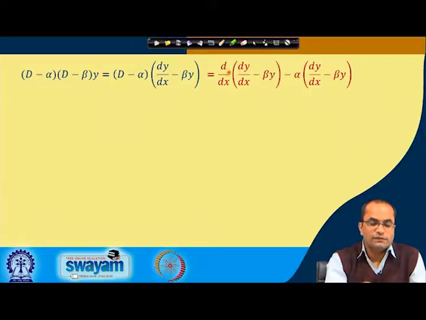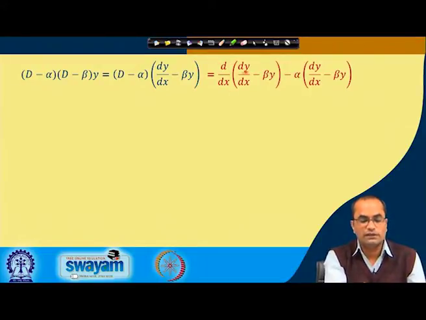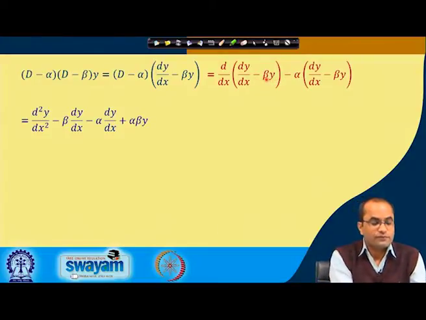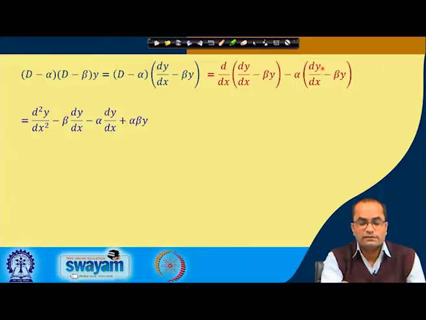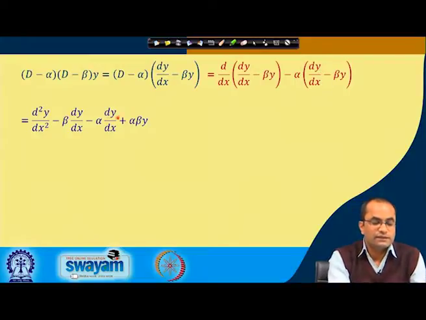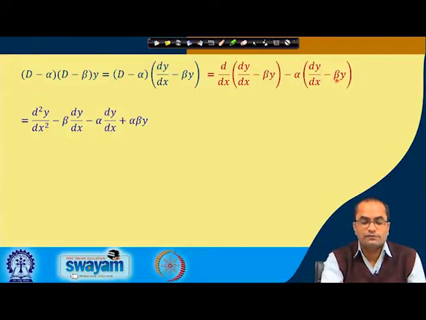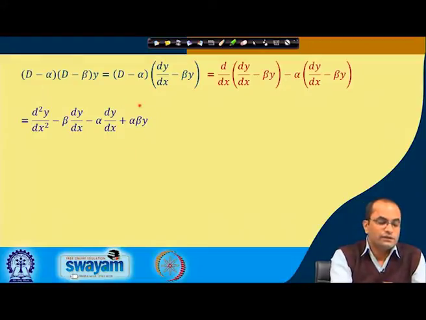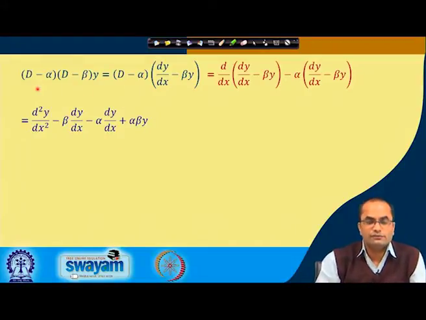So we get a second order derivative d2y over dx2 minus beta dy dx, minus alpha times dy dx, plus alpha times beta y. This is the result of the operation.